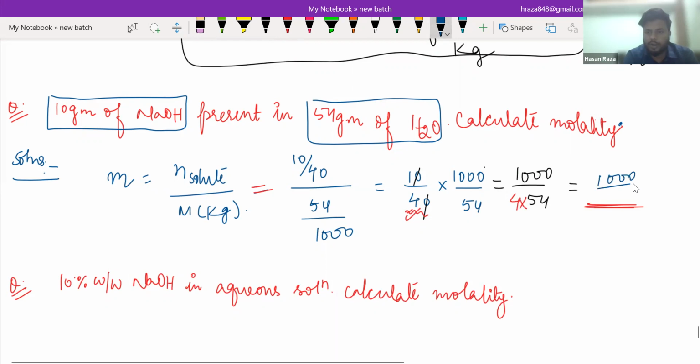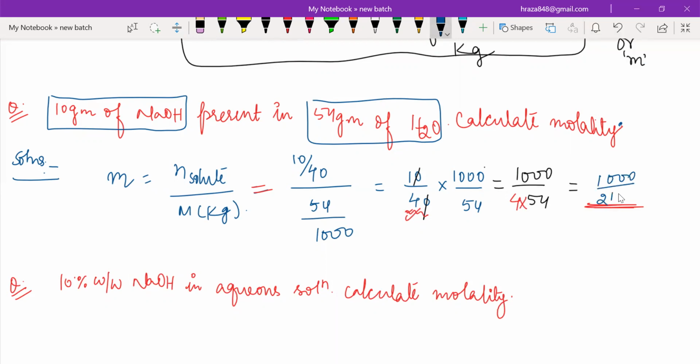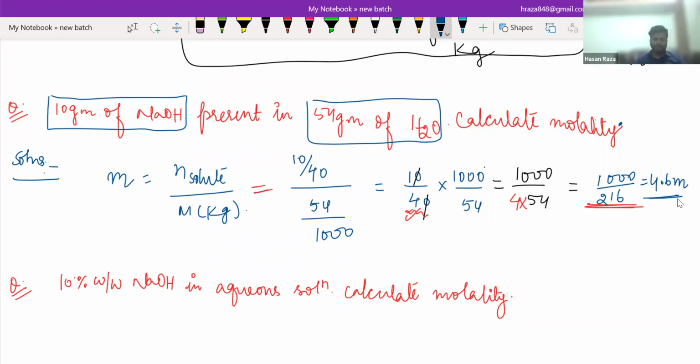So 1000 divided by 216. 1000 is in the numerator, na? Denominator is lesser than numerator. 4.6. Yes, 4.6. Sir, my first answer was close to this. Okay. We don't need to be close. We need to be accurate.